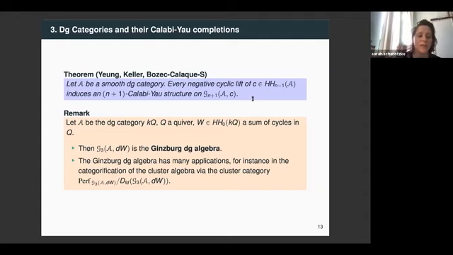Then let's make a remark. Importantly, these Calabi-Yau completions have also appeared beforehand.